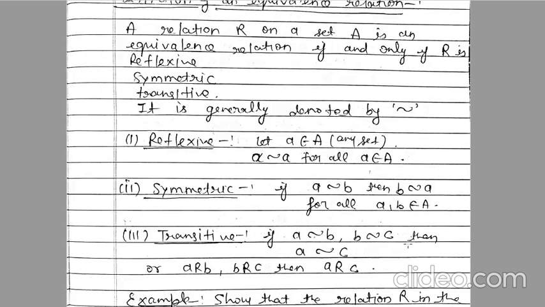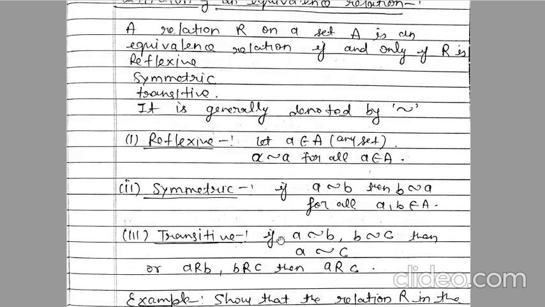Now, what is the reflexive property? First we need to define reflexive, then symmetric, and then transitive. So first, the reflexive property. Suppose you have a set A and the element of the set A is small a. One thing: a set is always denoted by capital letters, never by small letters, and an element of the set is always denoted by small letters.